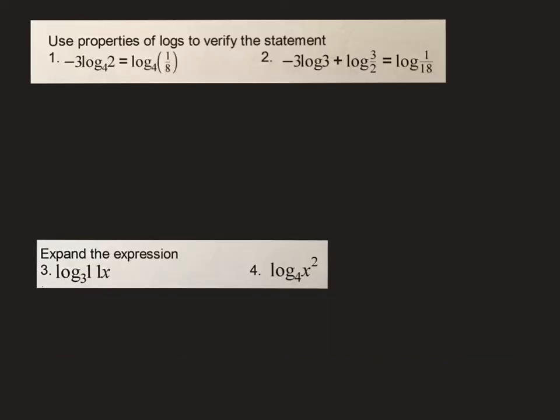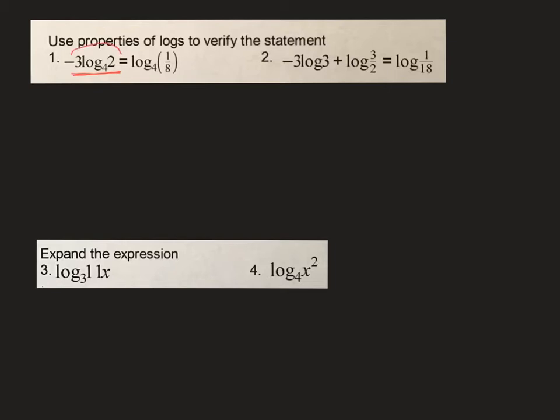So we're going to use those properties in 1 and 2 to verify that the two sides of the equation are true. I like to start with the more complicated side. It makes things a little bit easier. So I'm going to call the left side the more complicated side. This negative 3 multiplied out front would be like using that power property.